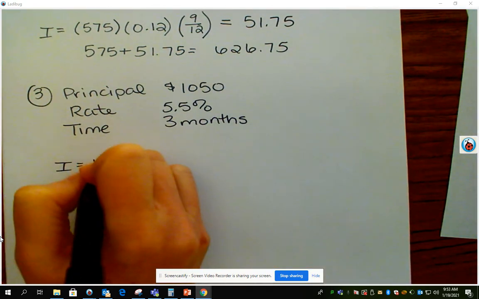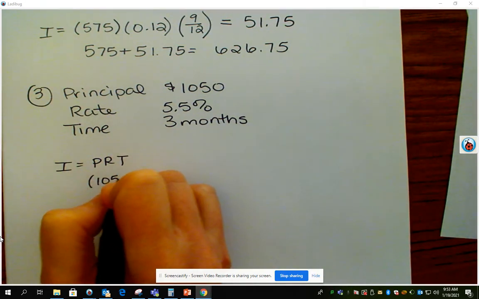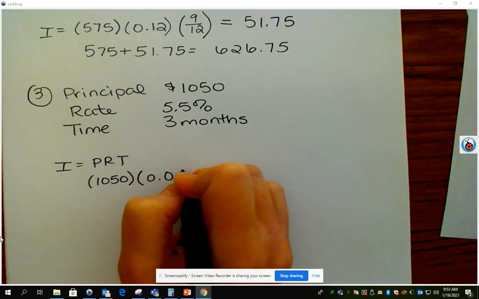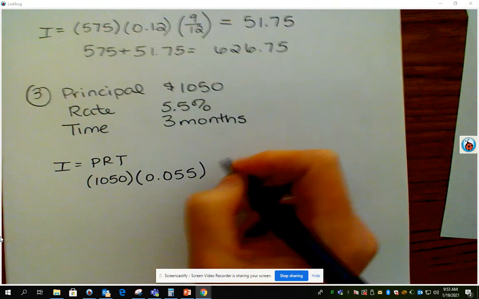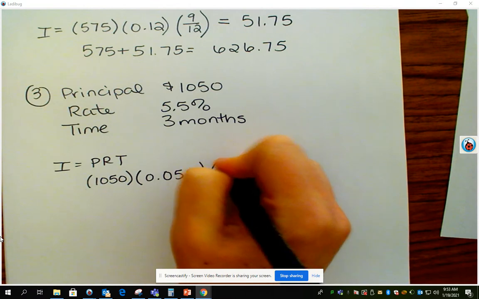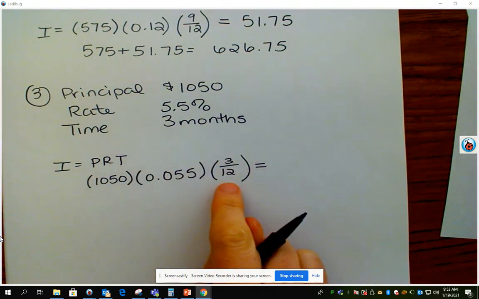Remember, interest is PRT, so principal 1,050, rate 0.055. I moved that decimal 2 places to the left. Time needs to be in years, so this would be 3/12. Multiply, then divide by 12.